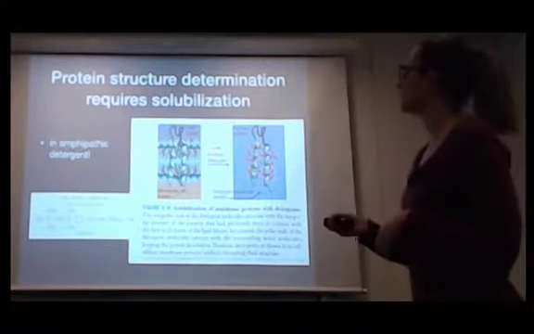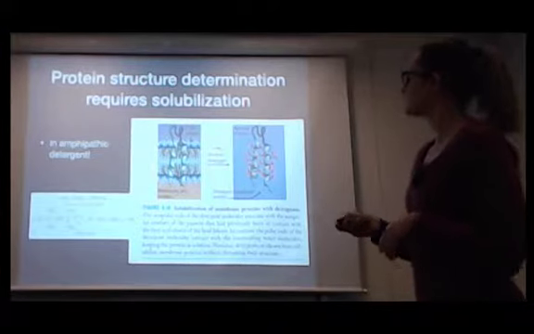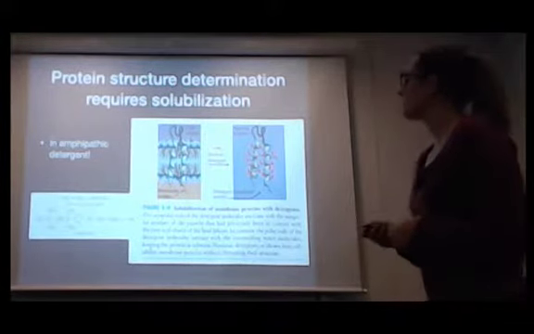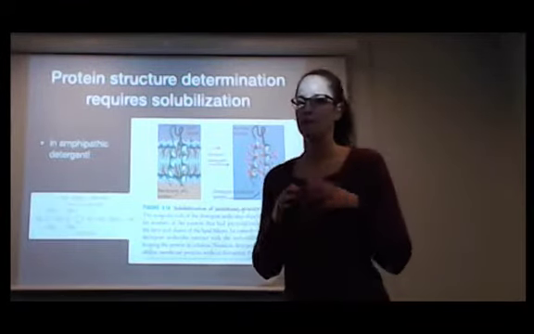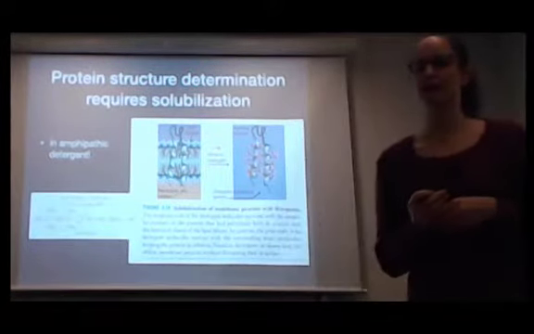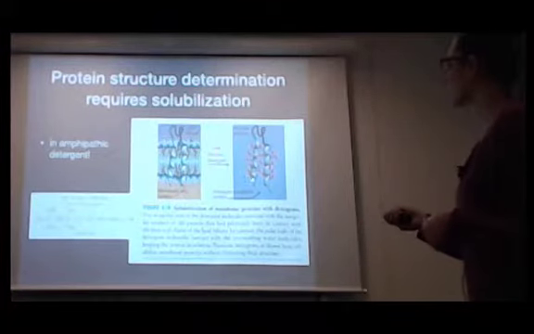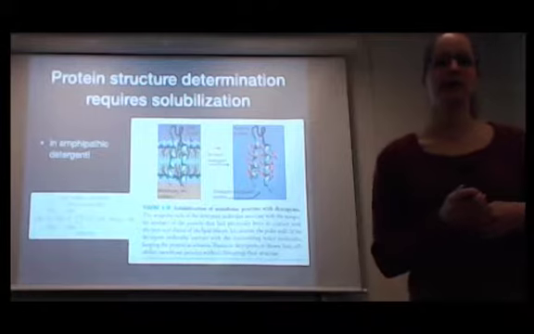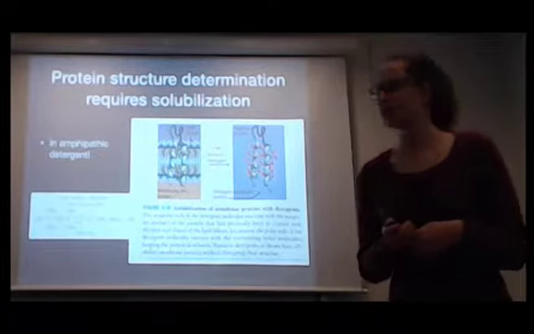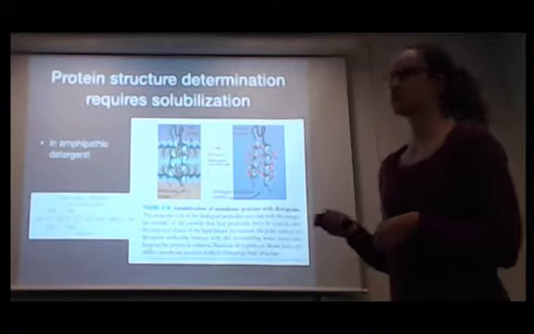So the key here to determine membrane protein structure is to solubilize the protein to be able to concentrate it in high enough quantities but still retaining its native structure. And this is done typically with detergents.